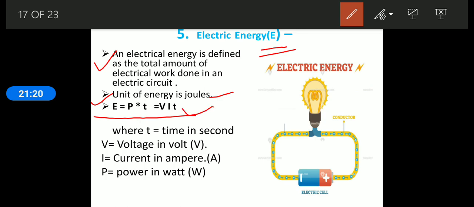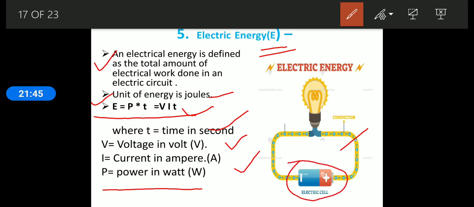We can write it also in this way, V into I into T. Then T is time in seconds, V is voltage in volts, I is current in amperes, and P is power in watts. Then this is the electrical circuit.